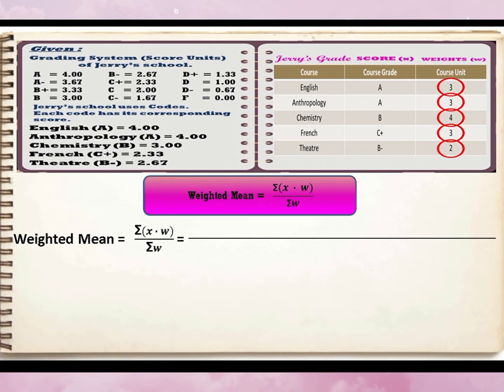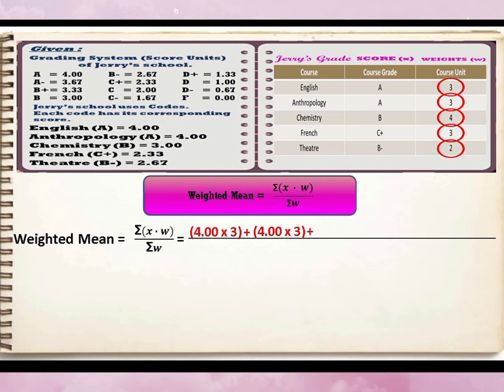Then, the first term will be English subject with 4.00 times 3 as its course unit, plus the second term will be Anthropology with 4.00 times 3 as its course unit as well.